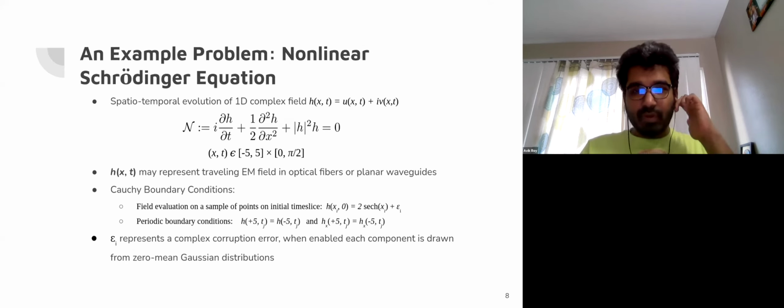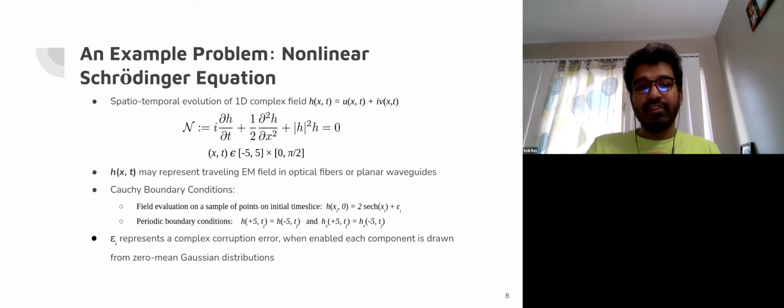Okay, so far I have been talking about a very abstract set of problems. So now let's take an example. We are talking about a nonlinear Schrodinger equation. If you are from physics or engineering, you probably already know what a linear Schrodinger equation is. The linear Schrodinger equation is a complex field that gives you the evolution of a quantum wave function.